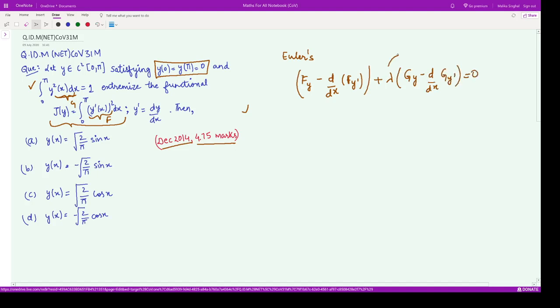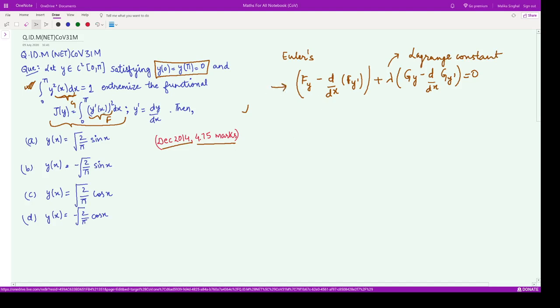Here lambda is known as the Lagrange's constant, which has to be determined using the given extra condition, the subsidiary condition. So let us get started.